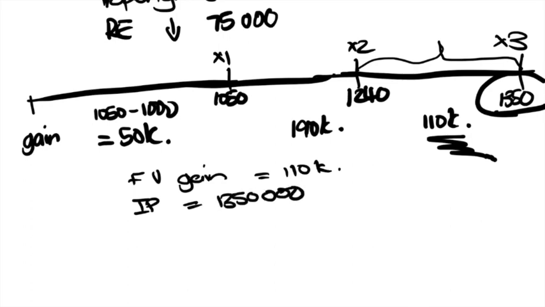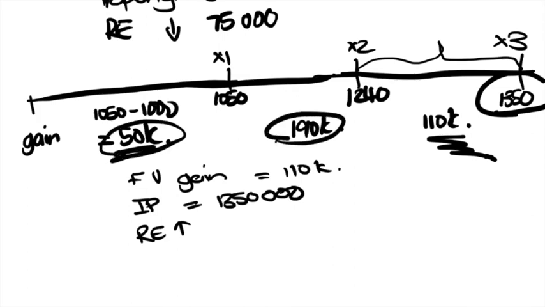And overall, we expect that our retained earnings should increase by the sum of these revaluation gains that we have recognized. In total, I think that brings us to, let's see, 2, 3, that is 350. So that brings us up to 350,000. So we expect that overall our retained earnings should be increased by 350,000.